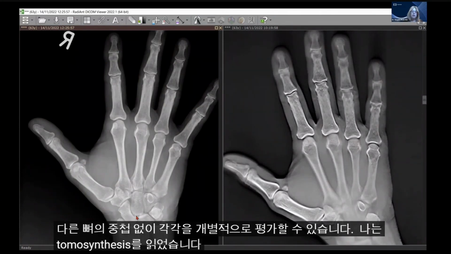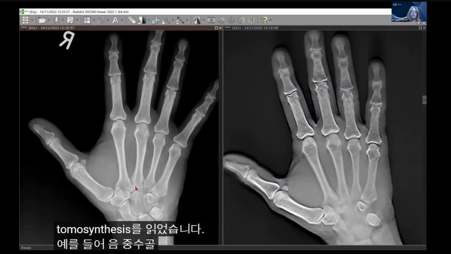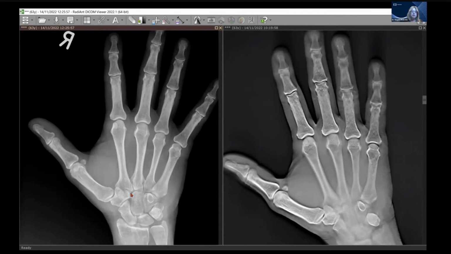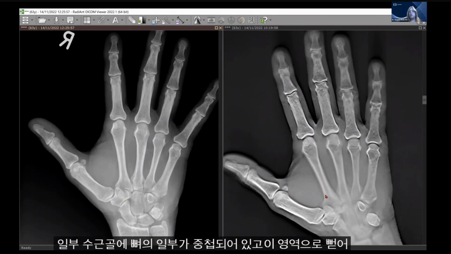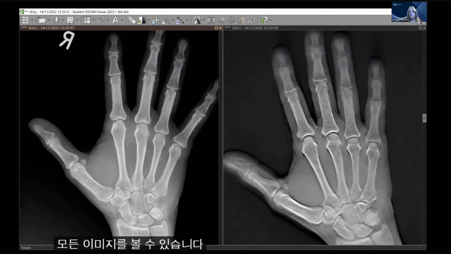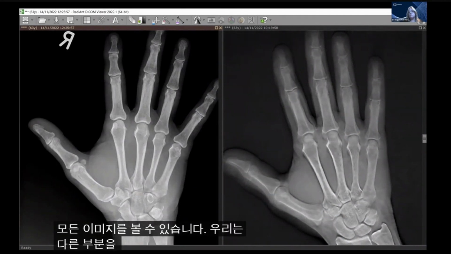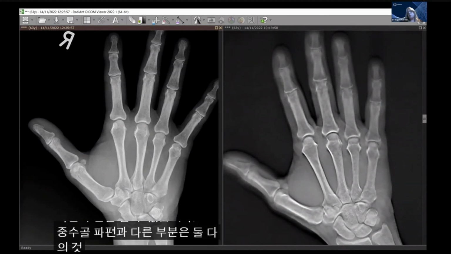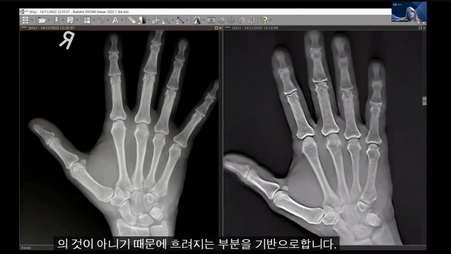Okay? Look, for example, at the bases of the metacarpals. Again, there is superimposition of parts of the bones on some carpal bones, and when I scroll through this area, you can see on every image another part of the bases of the metacarpals sharp, and other parts that are blurred because they're out of the plane of focus.